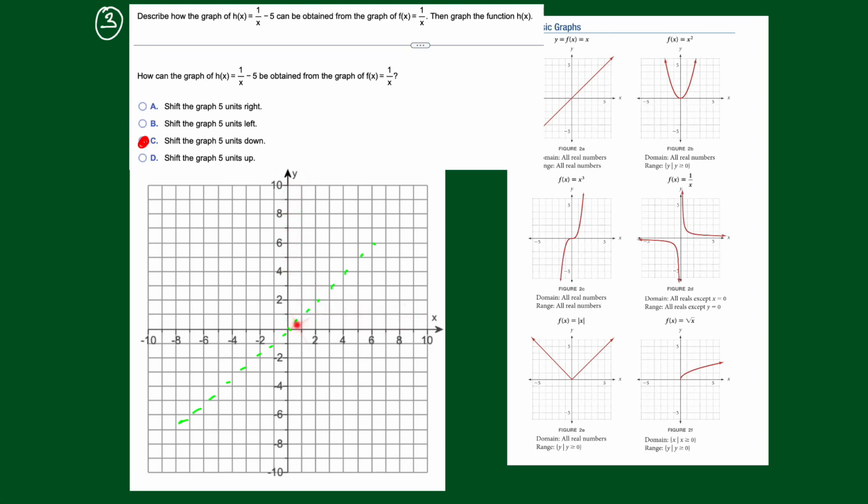What I'm going to do is drop this line down 5 units. So I'll drop it down to here and do that 45-degree line. And then I'll graph it like this. My graph will go kind of like this. Coming down to 5, and then over this way to 5. It's going to look something like that.